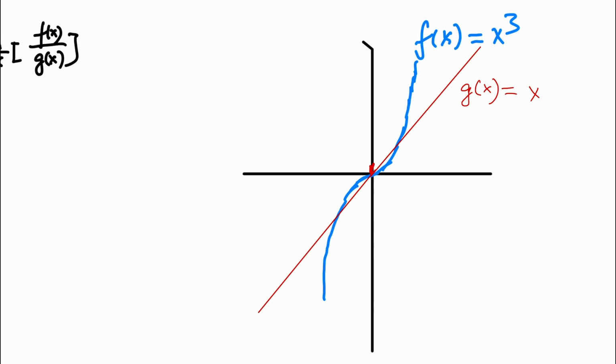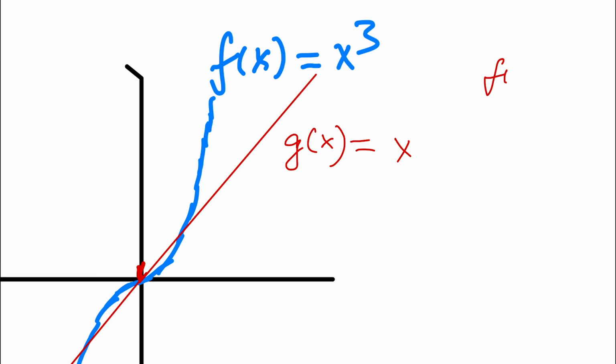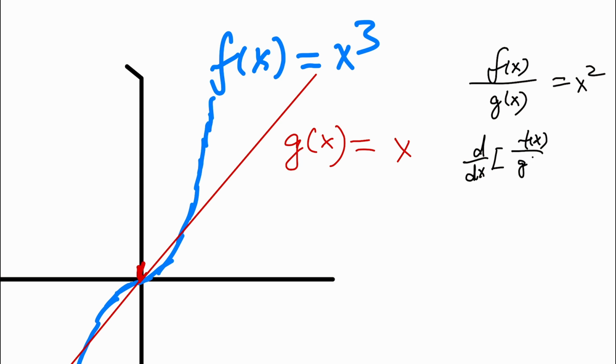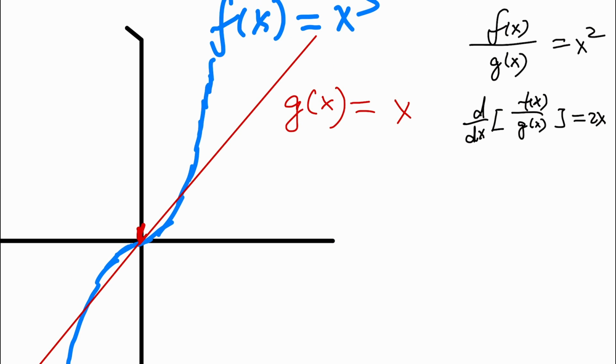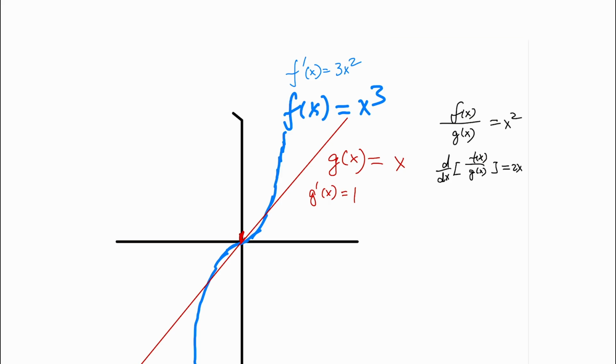If we take the quotient of them, we would have f of x over g of x equal to x squared, and for this derivative we can use the power rule, and the derivative is just 2x. The derivative of g of x will just be 1, and the derivative of f of x would be 3 times x squared.